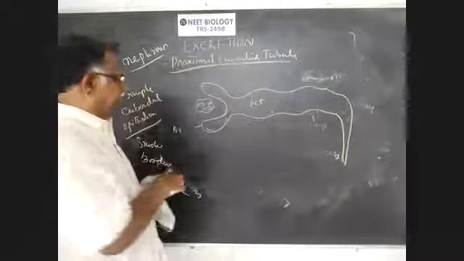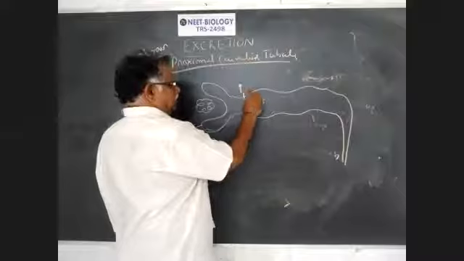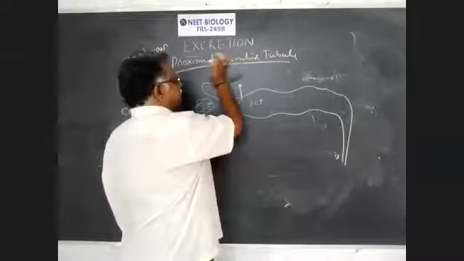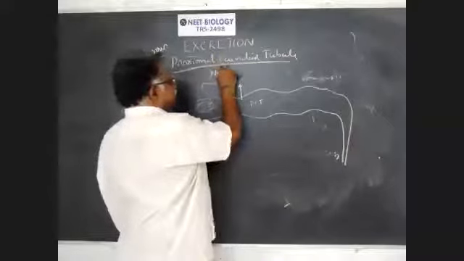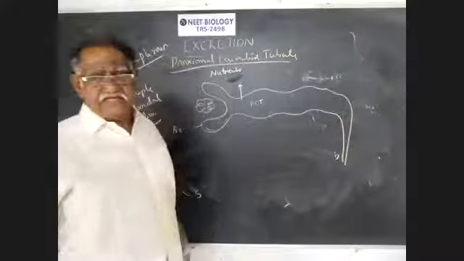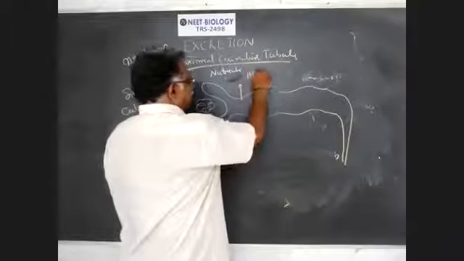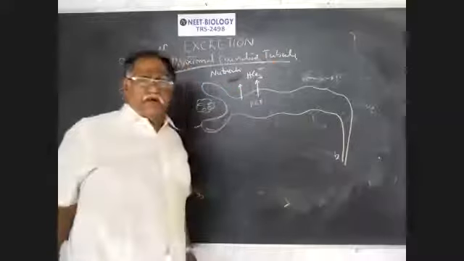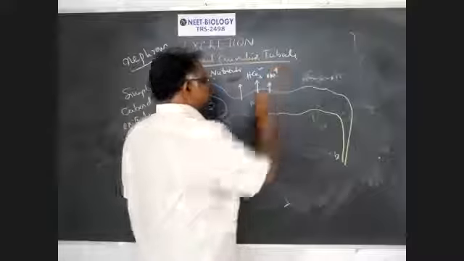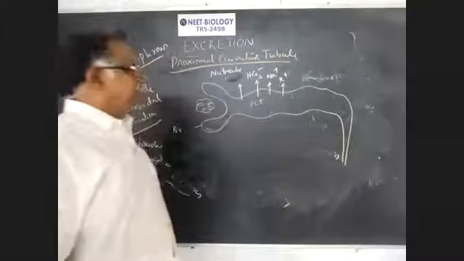See here, this is the proximal convoluted tubule. Nutrients. What are nutrients? Glucose, amino acids. Bicarbonates. Everybody should write down, bicarbonate. Sodium. Potassium.